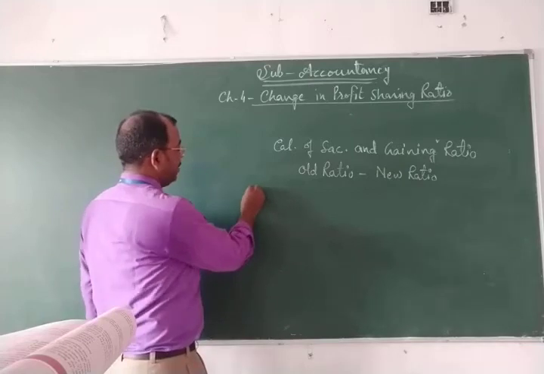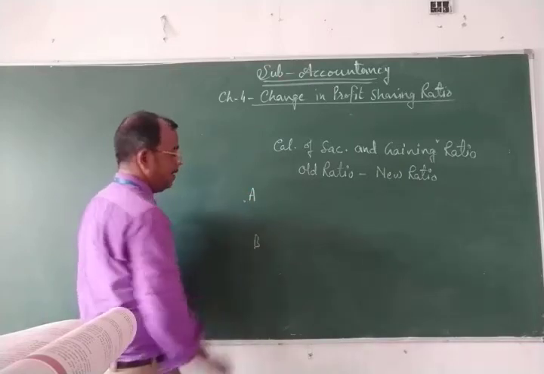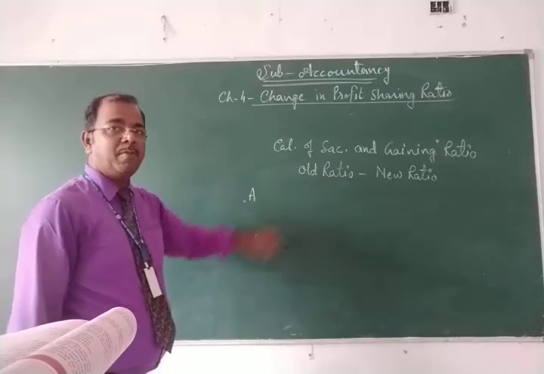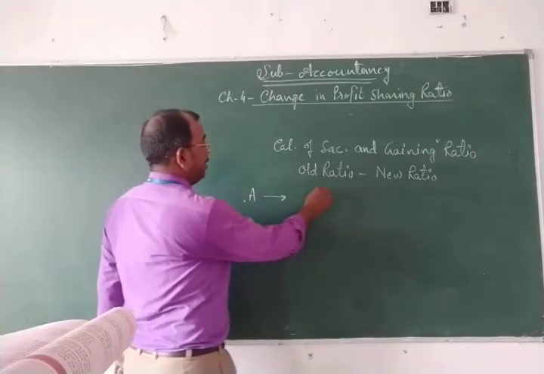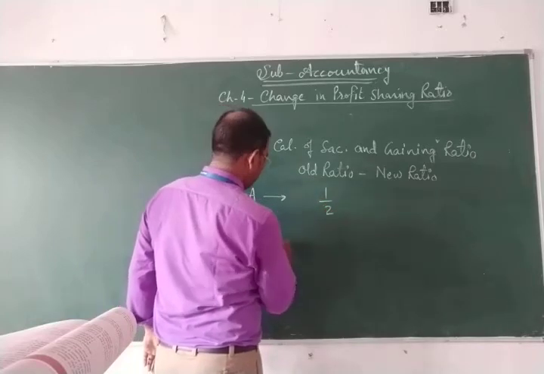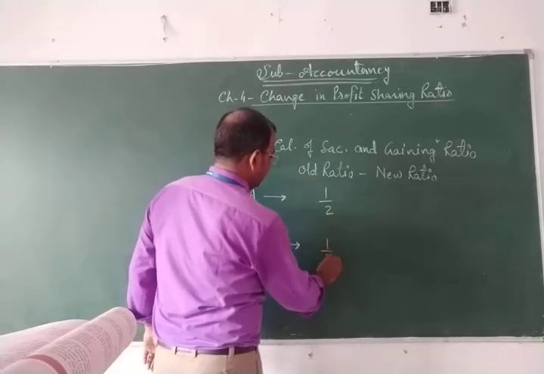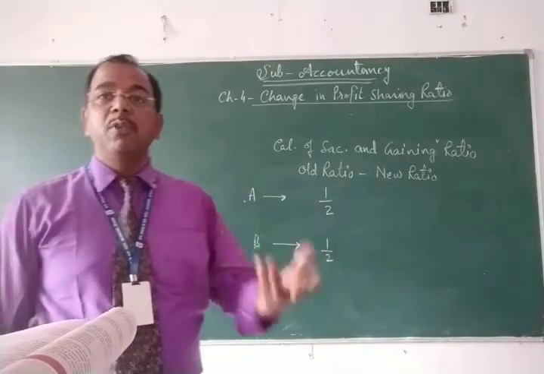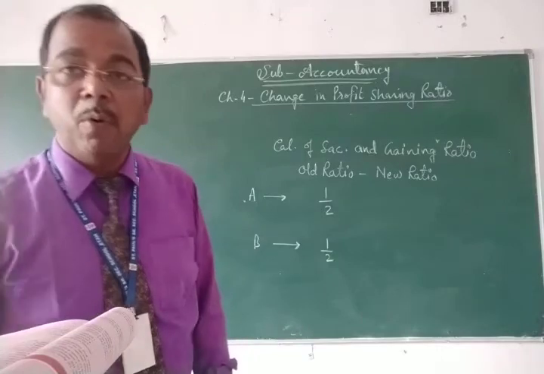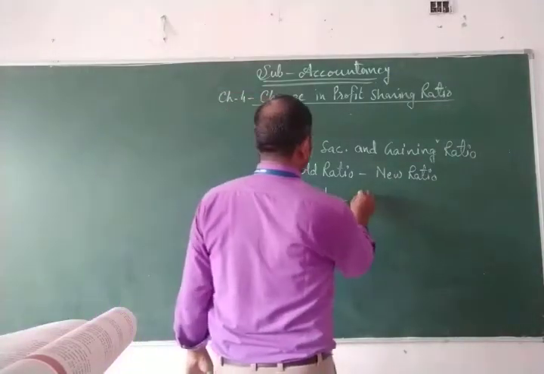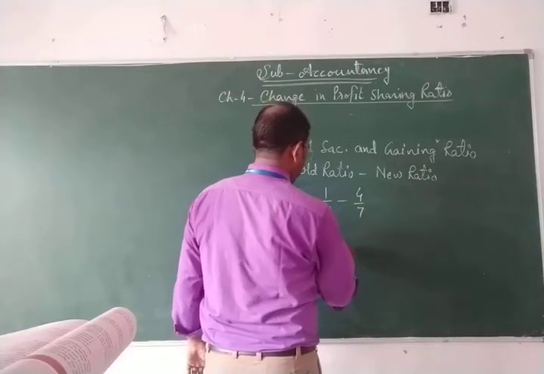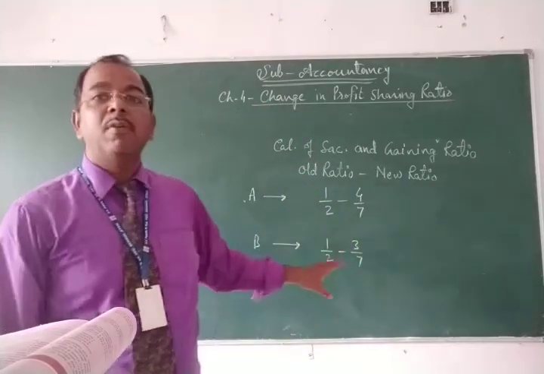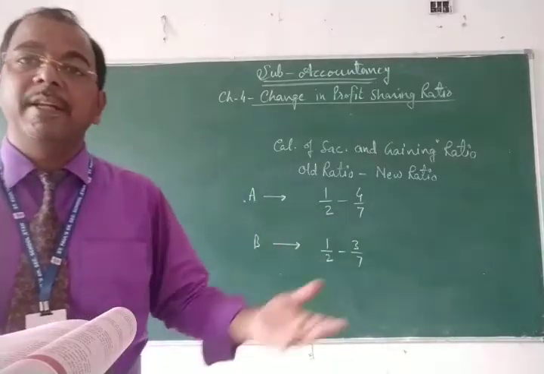Two partners are there, A and B. What was their old ratio as per the given information? A's old ratio is 1/2. In the same way, B's ratio was also 1 upon 2. And what is their new ratio? That is 4:3. The new ratio is 4 upon 7 and 3 upon 7. Now you need to subtract them by taking the LCM.